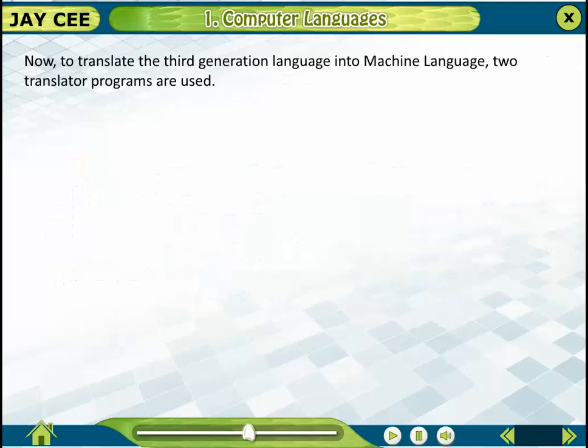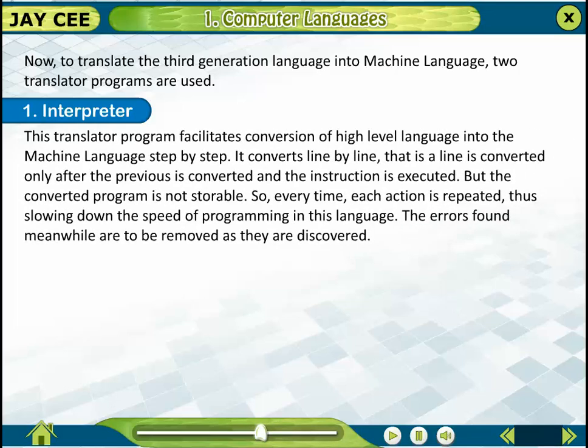Now, to translate the third generation language into machine language, two translator programs are used. 1. Interpreter. This translator program facilitates conversion of high-level language into the machine language step by step.